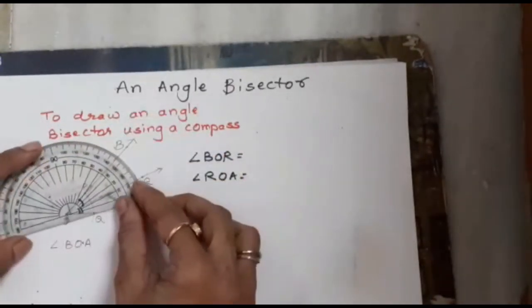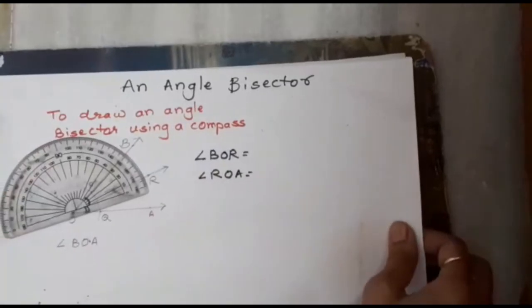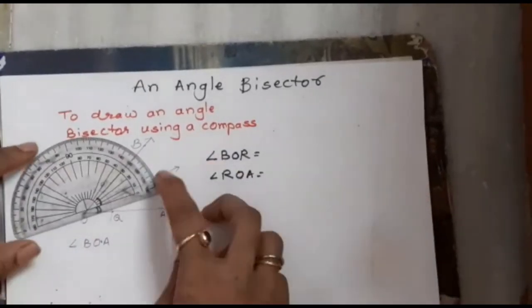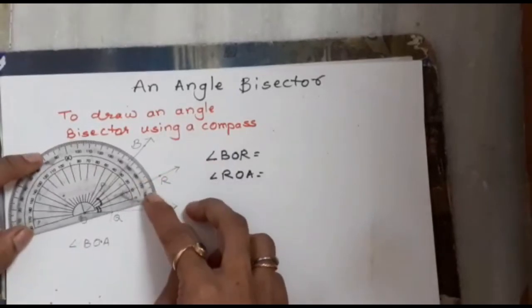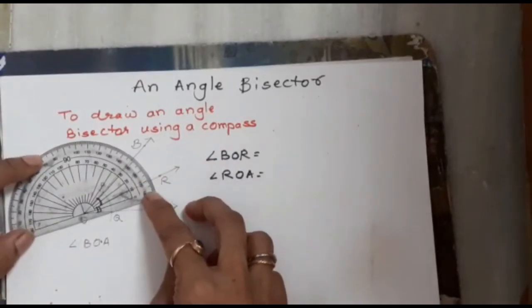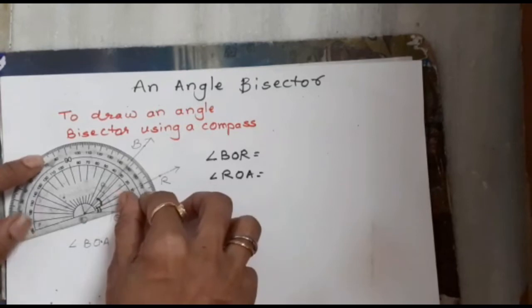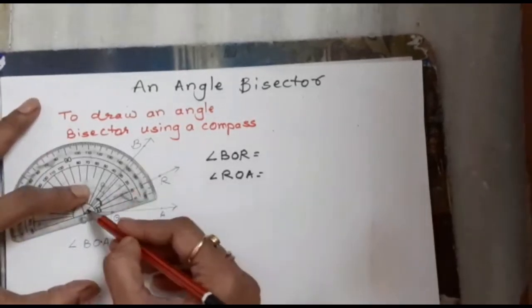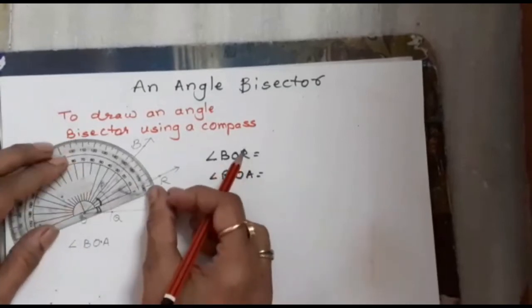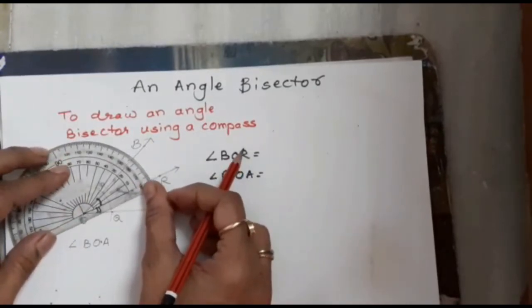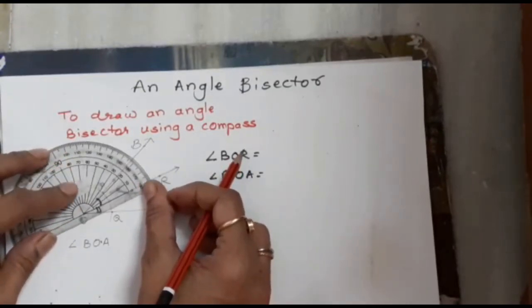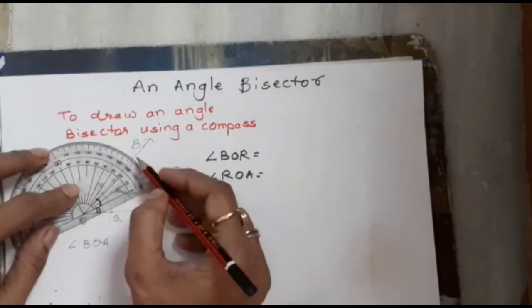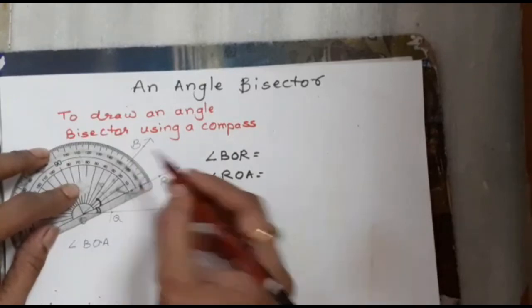See here. So with the help of protractor, angle BOR, how much is it? 23.